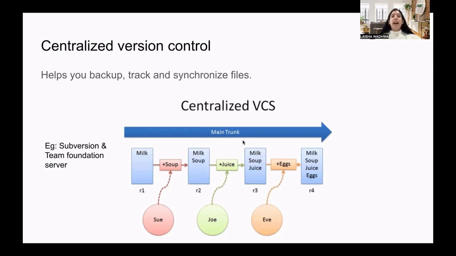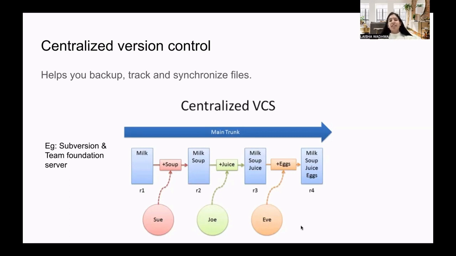And that also highlights one major problem with centralized version control systems, which is the common point of failure problem. If the centralized server is not available, everything's going to go down and nobody will be able to collaborate on the project. If we look at this example, right? So changes that have to be made by Sue have to be available on the main branch before anybody else starts making their changes if you are working on a collaborative project.